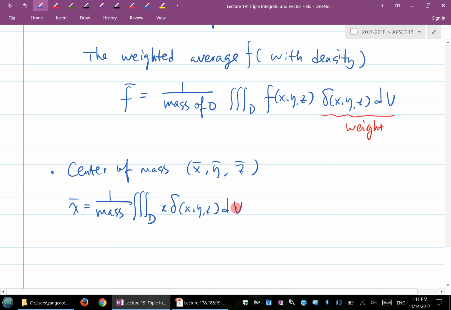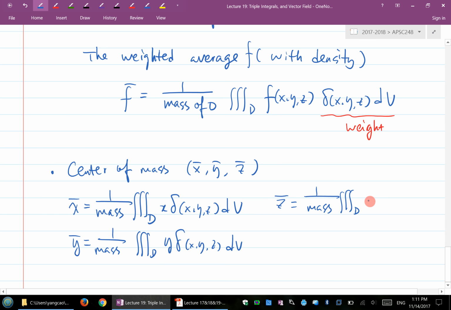That's your x bar. Similarly, you can find y bar, which is 1 over the mass, integral of y times delta(x, y, z) dV. And z bar, of course, is the same thing.